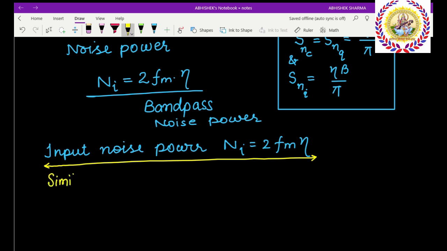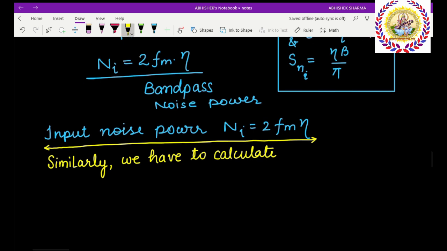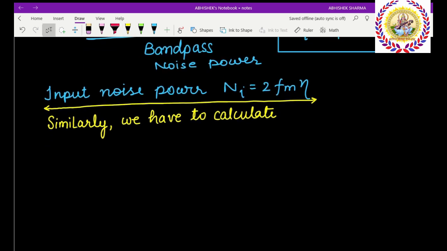Similarly, we have to calculate the noise power at the output.